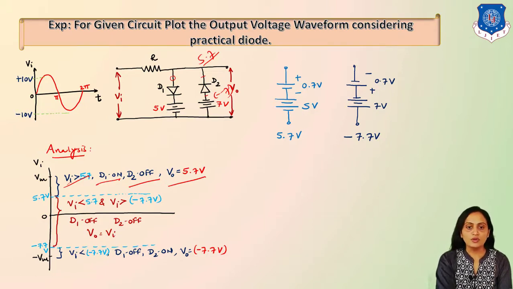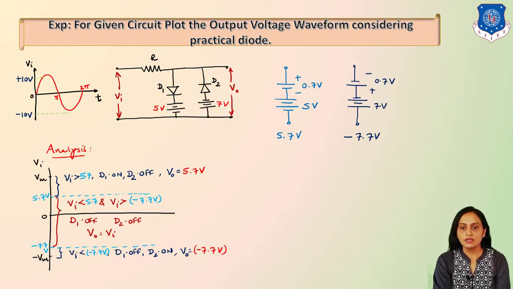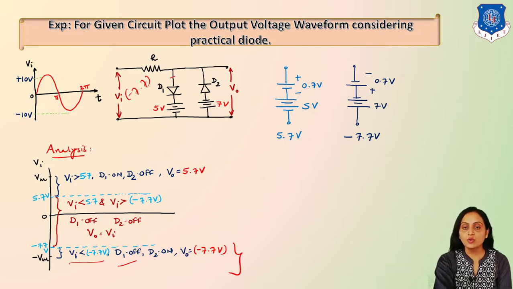And now consider this last phase, that is Vi less than minus 7.7. So let us consider, for example, it is minus 7.7. So here at the D1 we have negative voltage, that is why D1 will remain off, that is reverse bias, and at the cathode of D2 we have voltage which is less than minus 7.7.